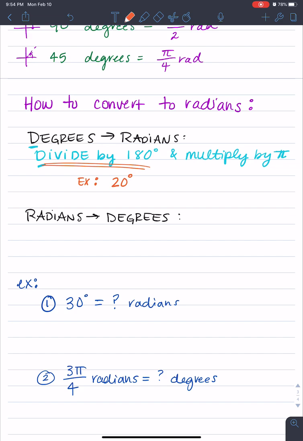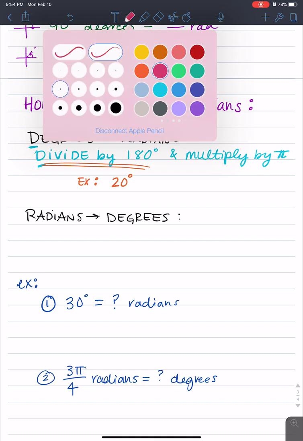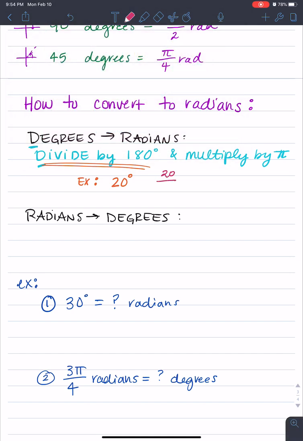So that's going to be 20 divided by 180, and then multiply by pi. However, do you think I want you to type pi in the calculator? No, I don't. Duh. Okay? Obviously.